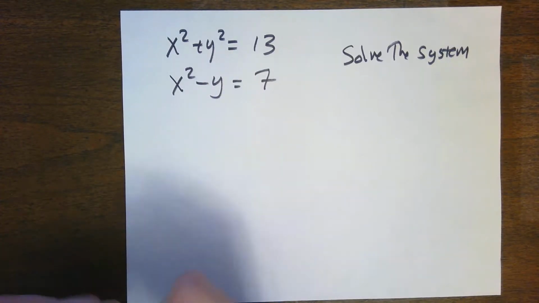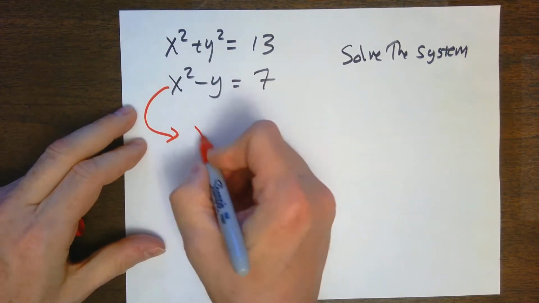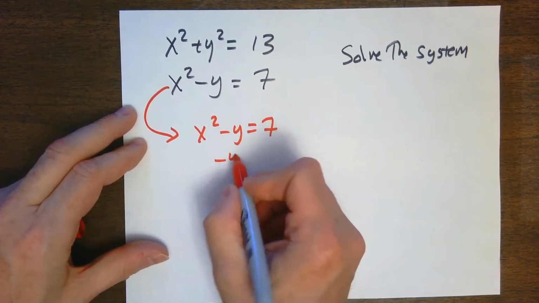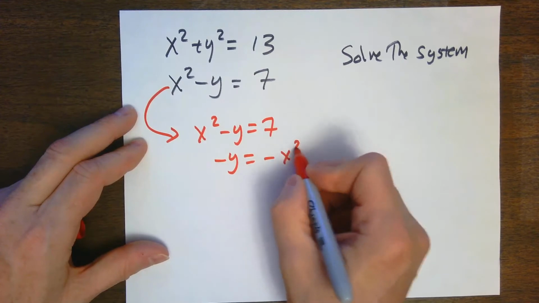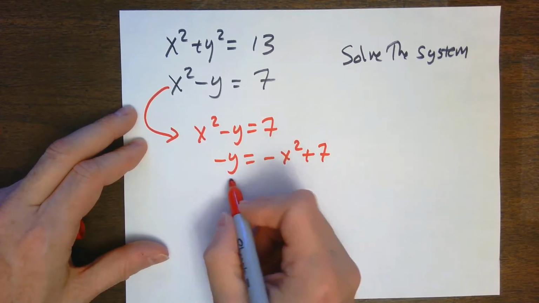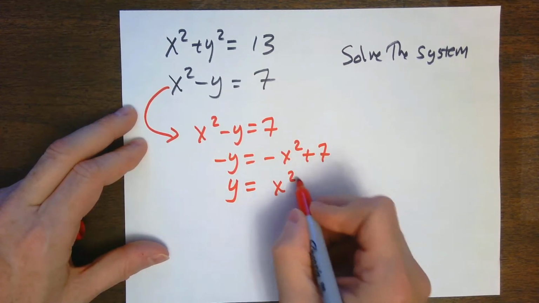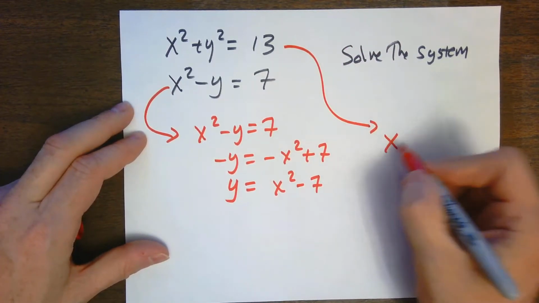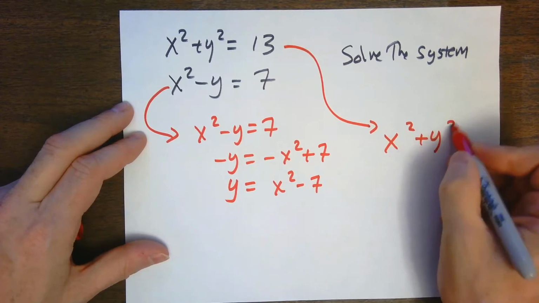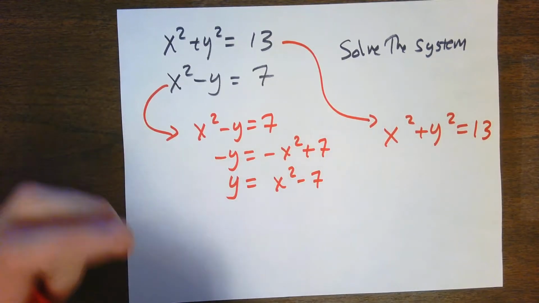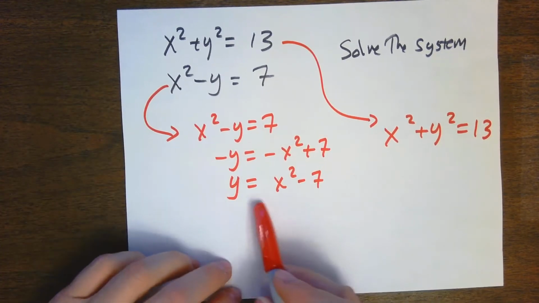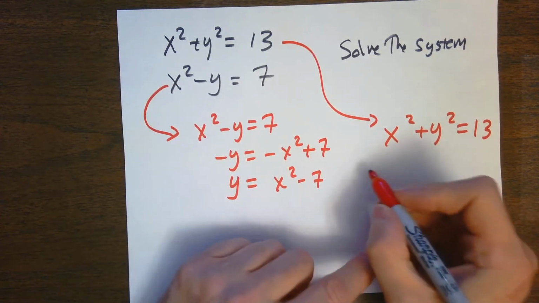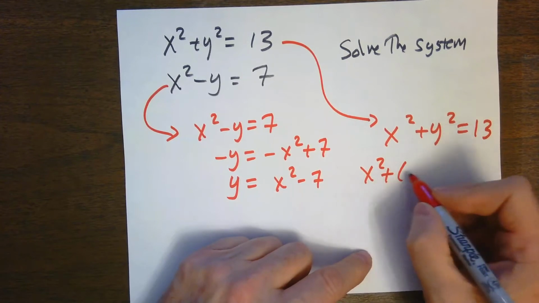So if I take this equation, x squared minus y equals 7, subtract the x squared, divide everything by a negative, and then I take my first equation, the other one, and let's see, if that's y, do I want to plug that in there? If I plug that in there, oh gosh, look what's going to happen: x squared plus y squared.